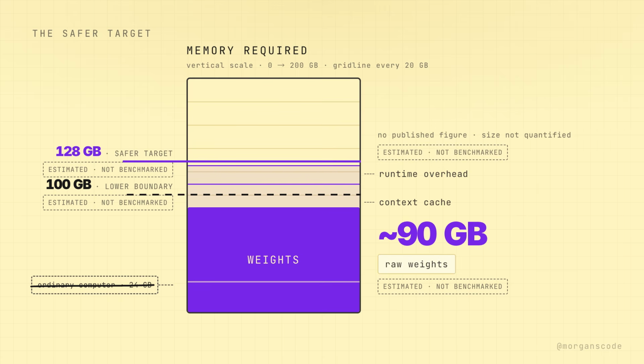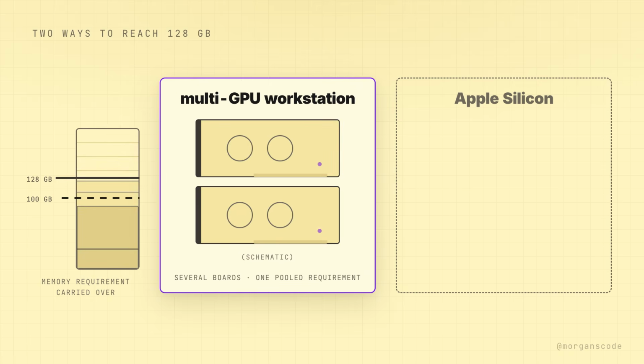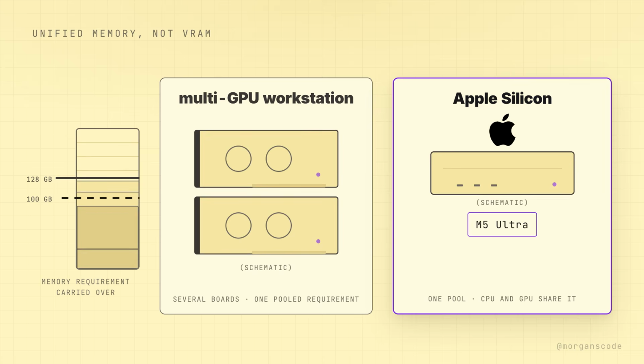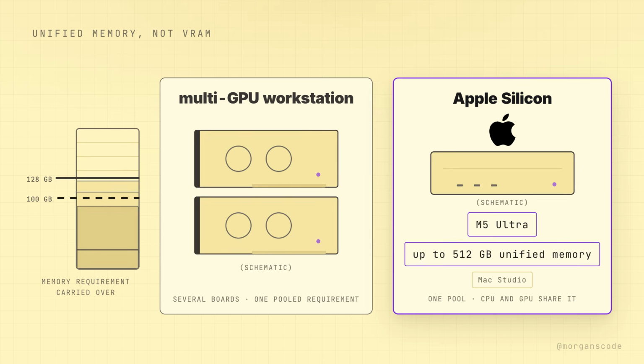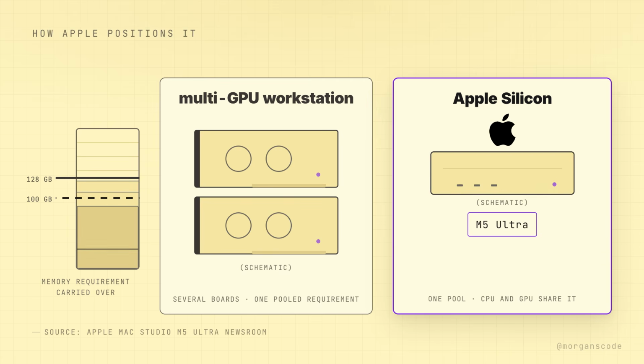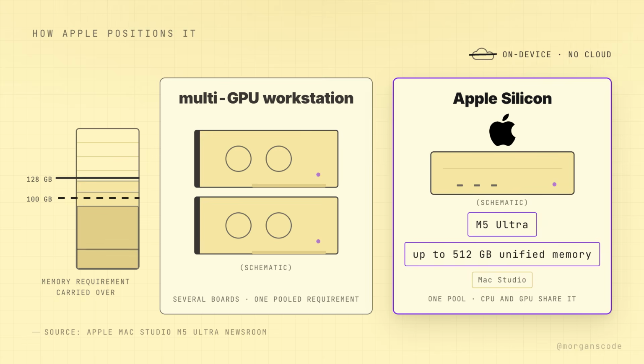That could mean a multi-GPU workstation, or it could mean Apple Silicon. The M5 Ultra Max Studio can be configured with up to 512 gigabytes of unified memory. Apple is explicitly positioning it as a system capable of running enormous language models entirely on-device.